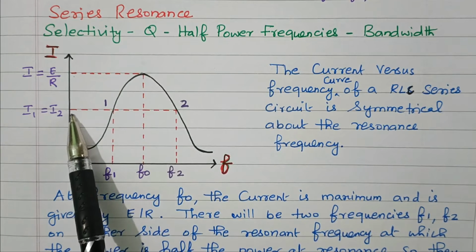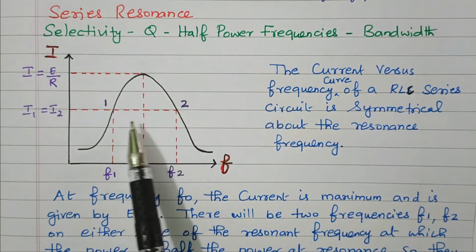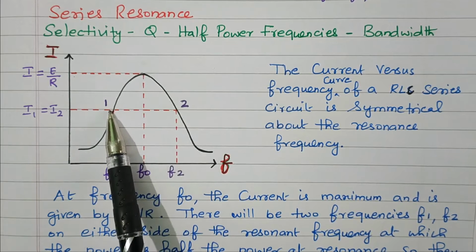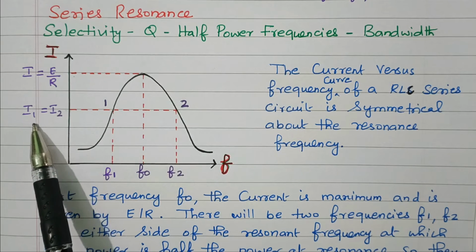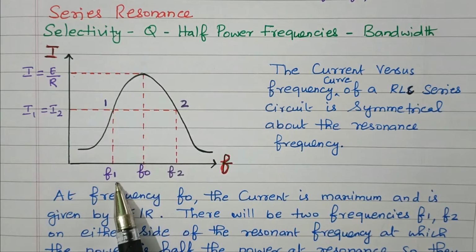Then we have one more current, the half power current, and half power frequencies. The line is drawn here. These are the two points, point 1 and point 2. The current is I1 equal to I2. At point 1, the corresponding frequency is F1, called the lower half power frequency.